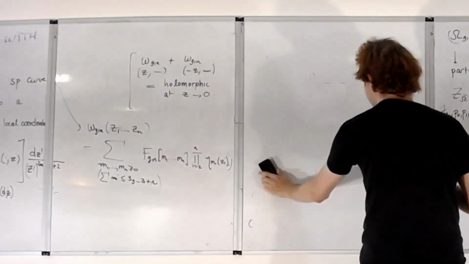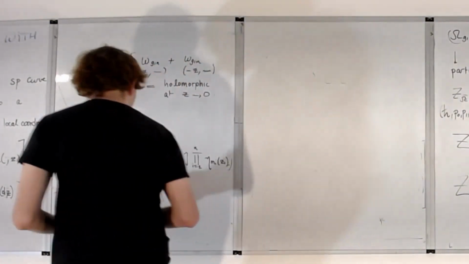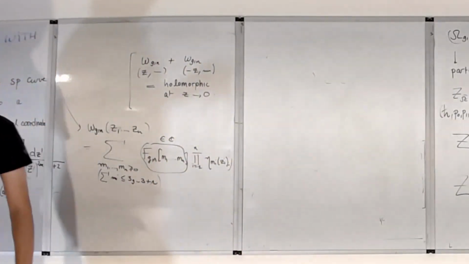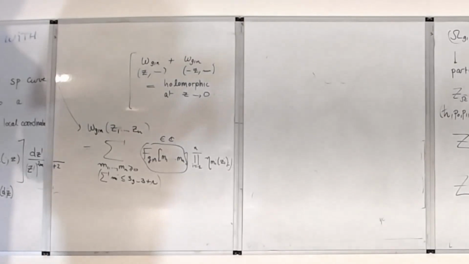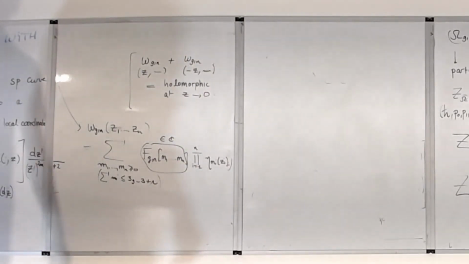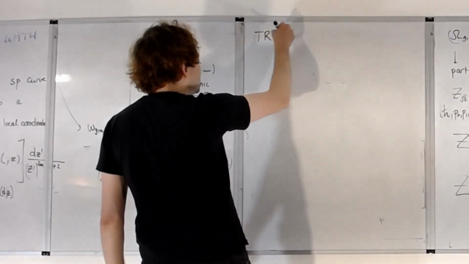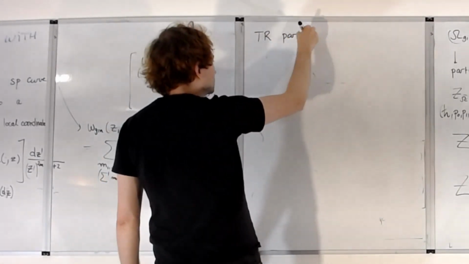So if I take a spectral curve, I get a collection of numbers here. And it would just be an equivalent way to repackage that into a generating series as well. So the TR partition function that depends on the spectral curve.